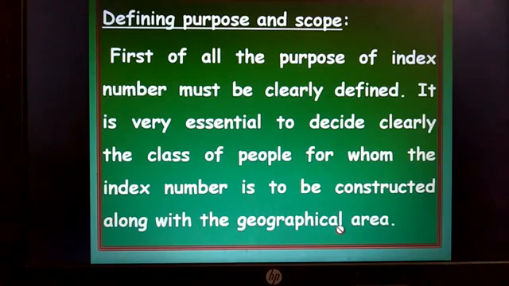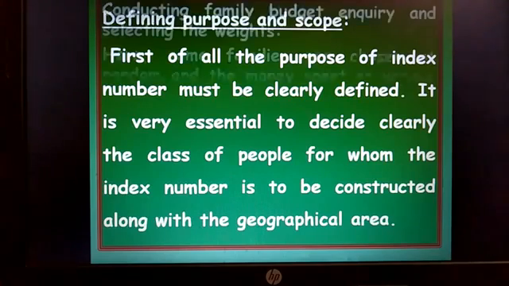To which group specifically we consider that consumer price index number which is being constructed, and which geographical area, which frame we are considering for the construction of index number has to be very clearly defined first. This is the base first step in constructing consumer price index number.